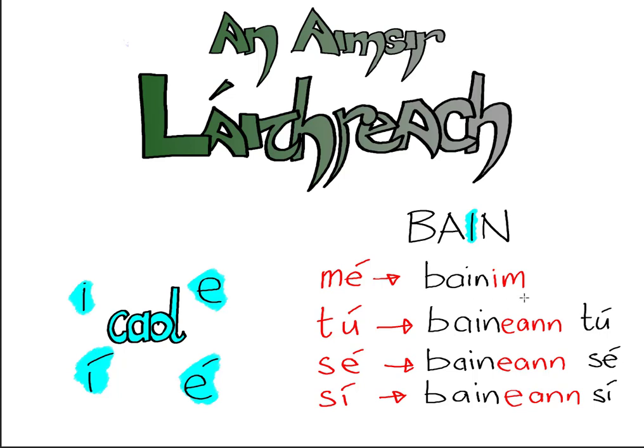So that's bainim, bainim. For tú, sé and sí, you keep the bain and you put in e-a-n-n as an ending because you need caol le caol. So it's baineann tú, baineann sé, baineann sí.